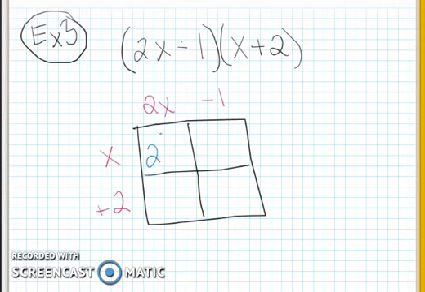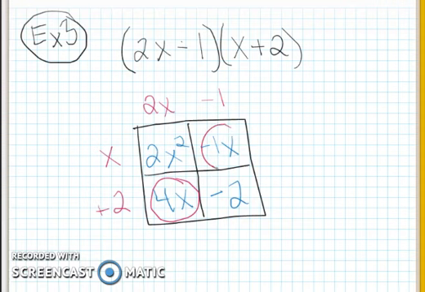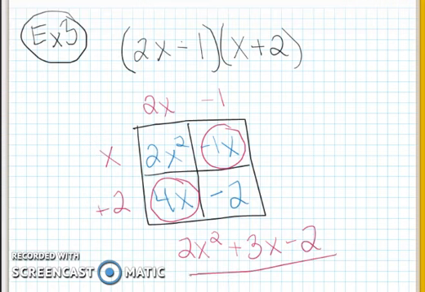The 2 doesn't really get to do anything, but the x's do become x squared. x times negative 1 is negative 1x. 2 times 2 is 4, and then we plug on the x, and then 2 times negative 1 is negative 2. Again, we're going to have like terms as the 4x and the negative 1x. So we get 2x squared. This is going to be positive 3x minus 2.